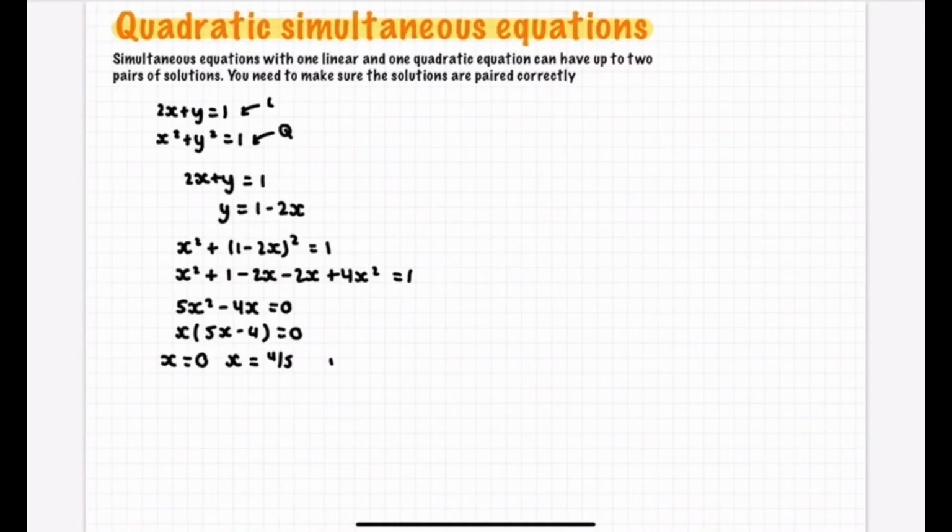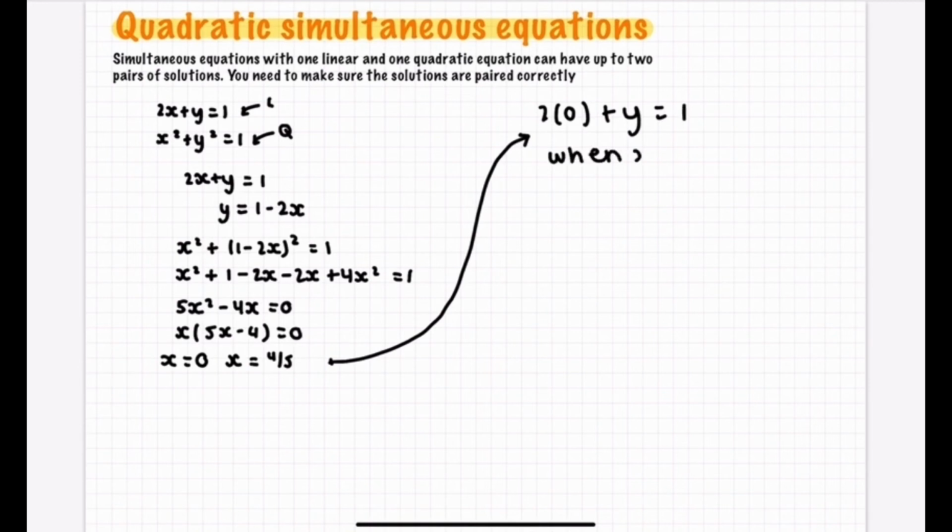We now need to find the y values for this set of equations. So to do this, we need to find what y is when x is 0 and also when x is 4/5. So subbing in x is 0, 2 times 0 plus y equals 1, which means when x is 0, y must be 1.